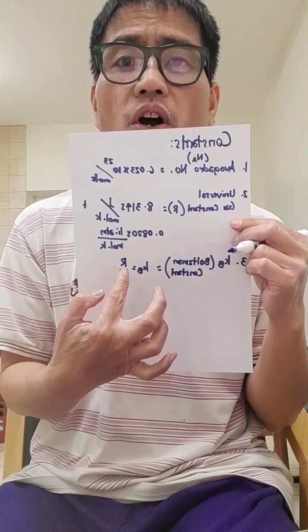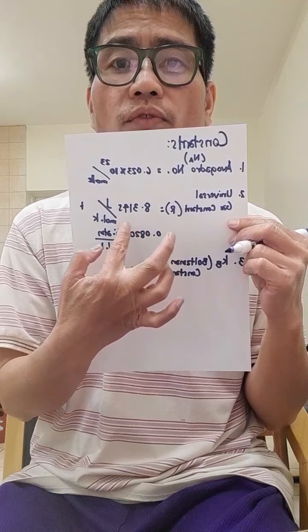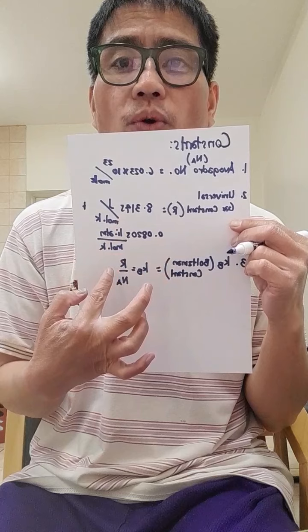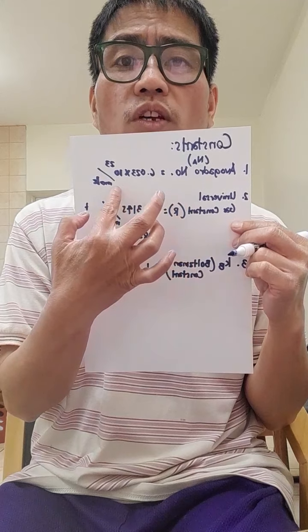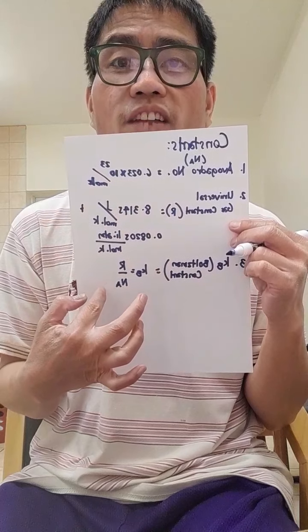So we put the R, which is 8.3145, in the numerator, and the Na will be 6.02 times 10 to the 23. We can get an answer which is equal to 1.38 times 10 to the negative 24 joules per Kelvin, something like that.